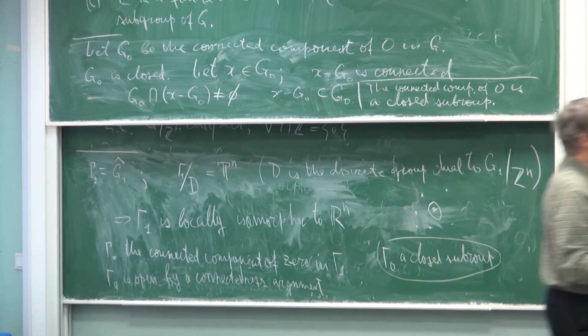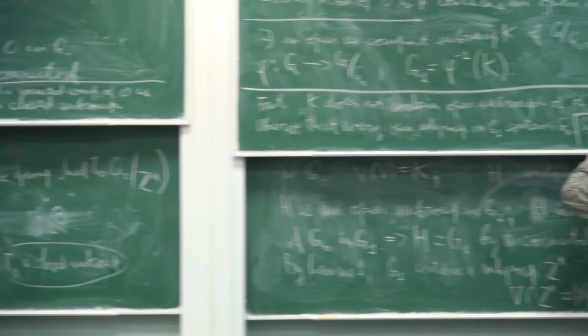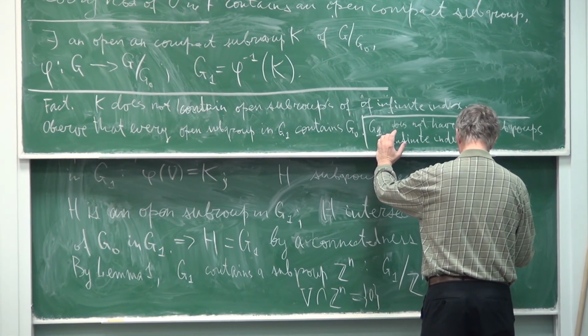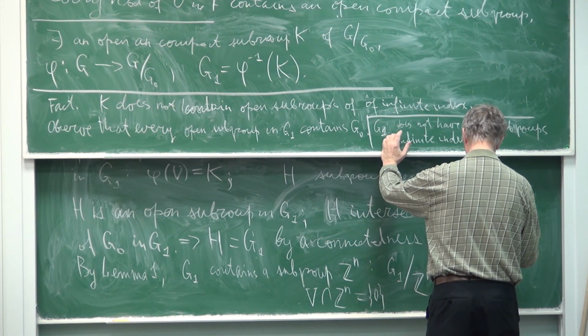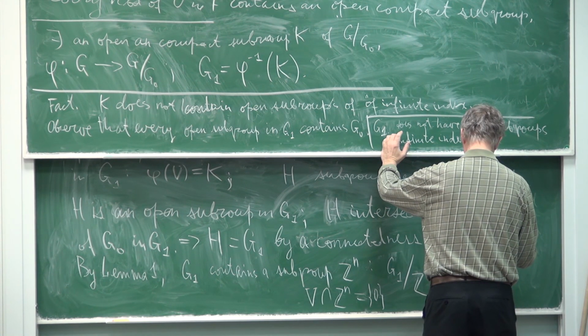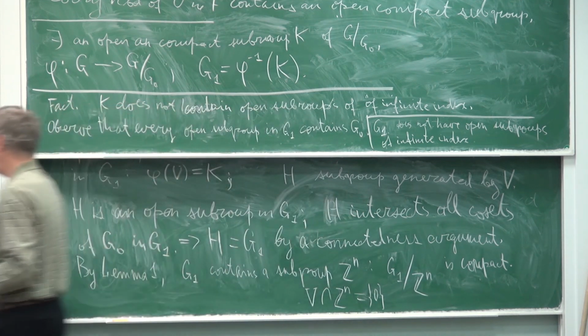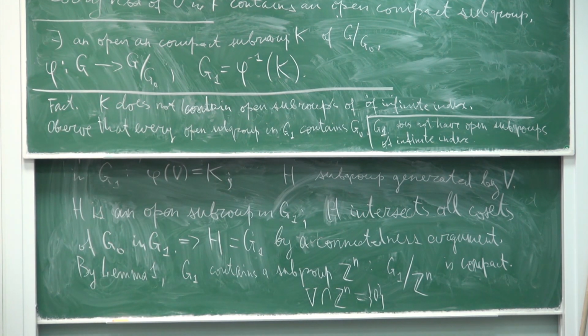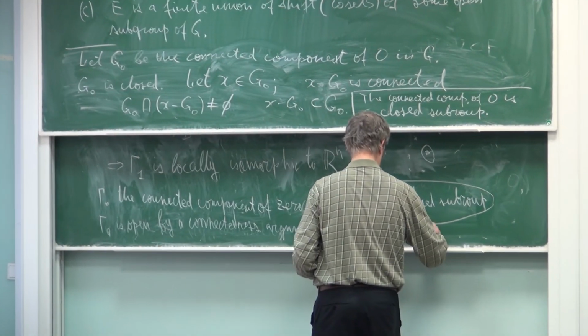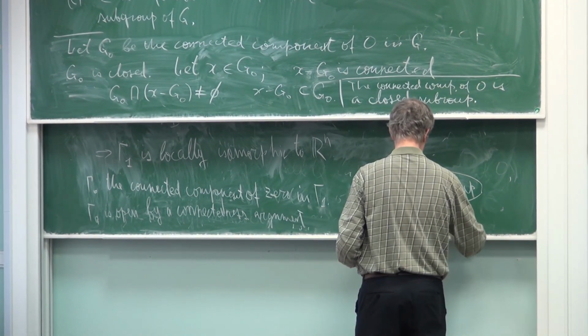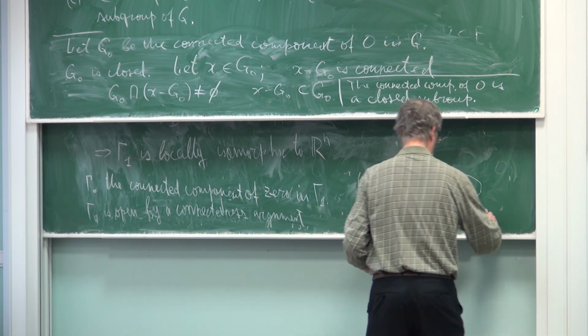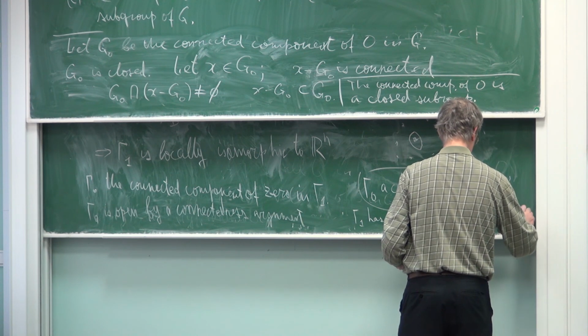So G1 has no open subgroups of infinite index, and by duality this means that gamma 1 has no infinite compact subgroups. Well, why is this so?